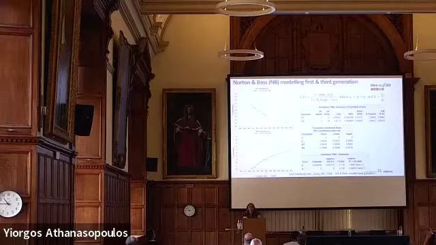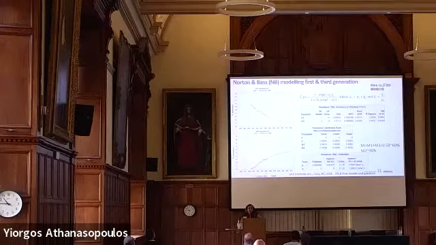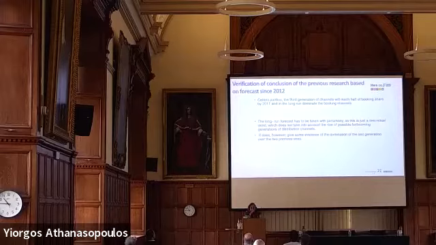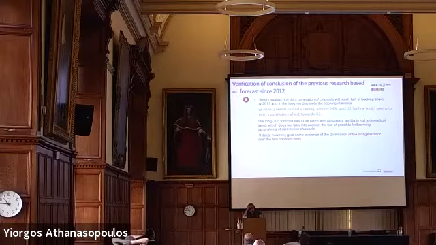Well, I will skip the part on Norton and Bass, but I can point out that using this model and putting in the second generation, we can see that the final penetration for generations 1 and 3 will be around 60%. Then, what is the verification of the observation that we presented in the last paper?